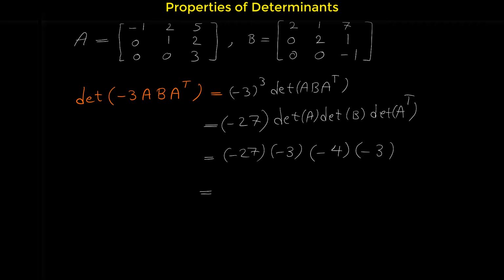Now, if we multiply these numbers by each other, note that we have 4 negatives, so it becomes a positive number. 27 times 3 is 81. 81 times 4 is 324. And 324 times 3 is 972.